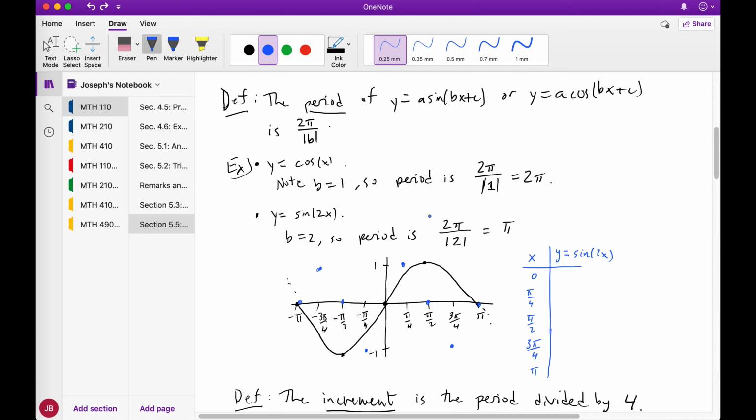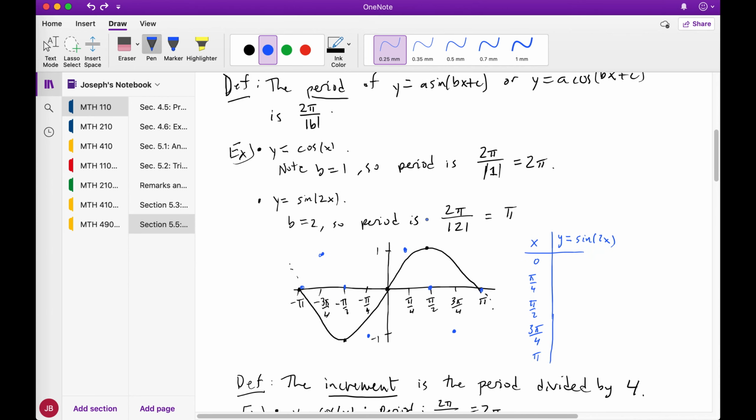And so here's what that looks like. If you multiply the x value by a number bigger than 1, so in this case 2, it's actually going to speed up how quickly the graph of sine or cosine repeats itself, because the period then gets smaller. So you see here we only have a period of pi for this graph.